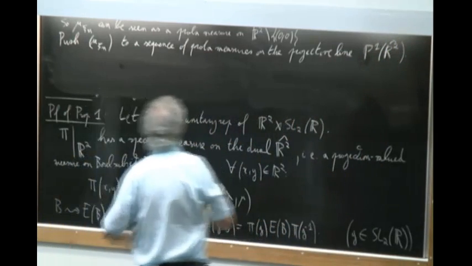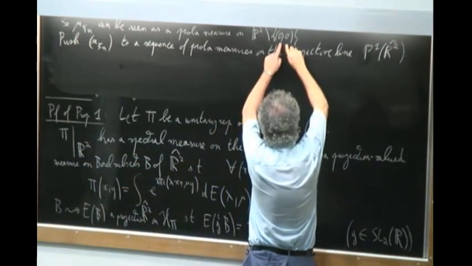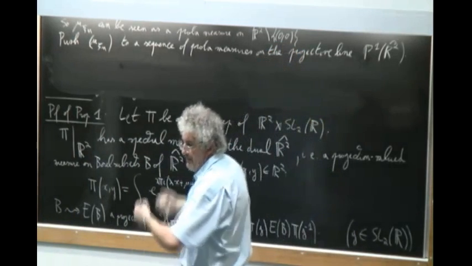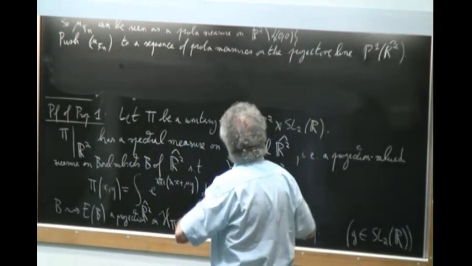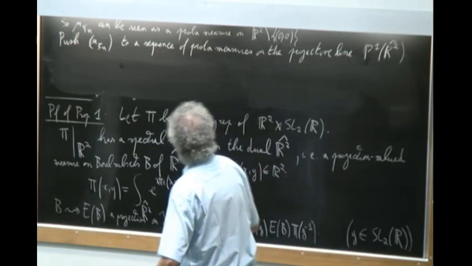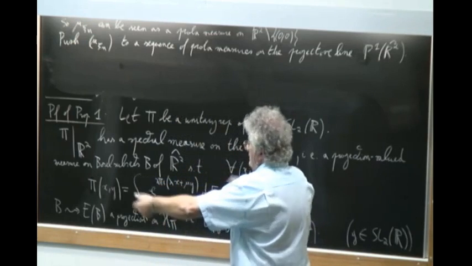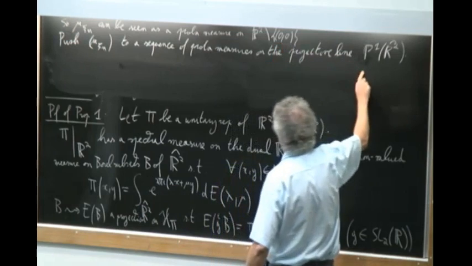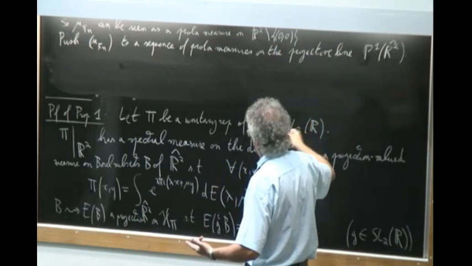And we can do that only because we have the assumption that these measures do not charge 0. If they had an atom at 0, we could not do that. But here we can. And of course, the projection from R2 minus 0 to the projective line is SL2R equivariant.